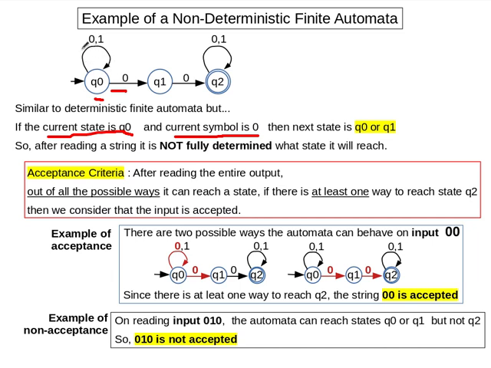So if it is in Q0 and it sees 0, it can either land here or it can come back here. So here is the non-determinism. You do not know whether in the next step it will be in Q0 or Q1 if your current state is Q0 and your current symbol is 0, right?